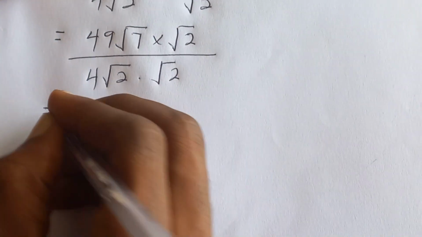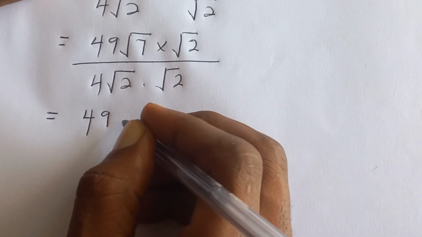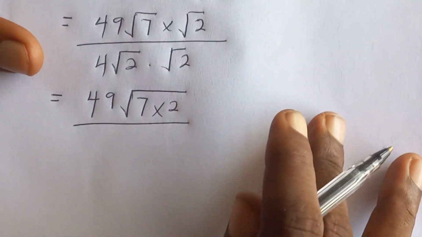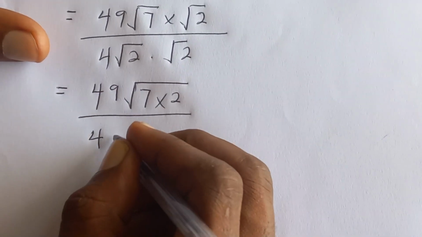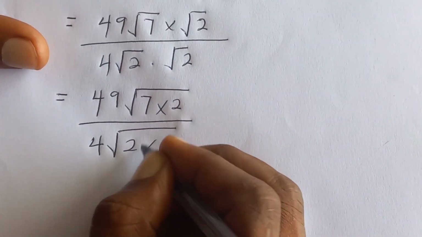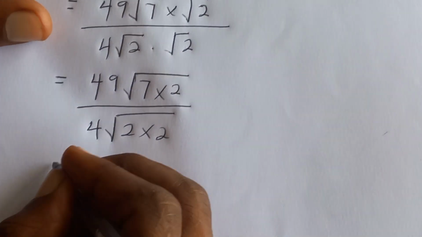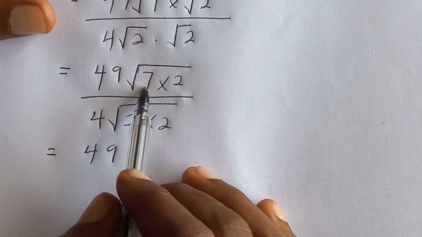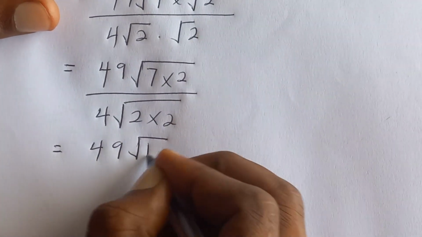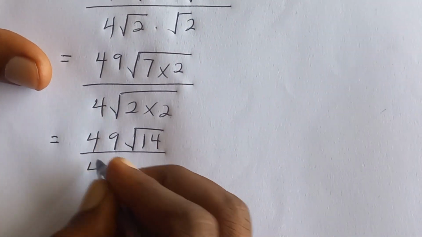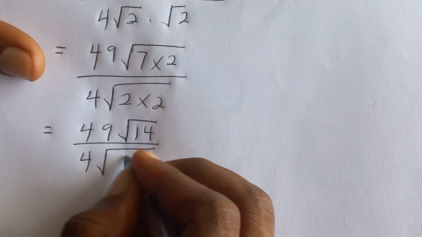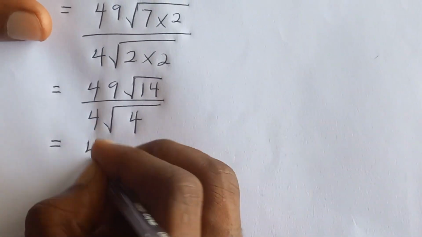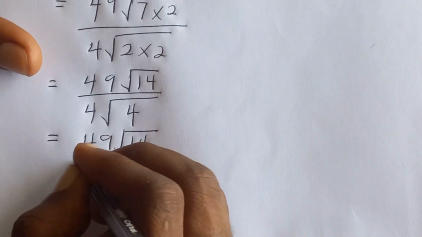So we are going to get 49 multiplied by square root of 7 times 2, and on this one we get 4 multiplied by root of 2 times 2. Then 7 times 2 we get root 14 on 4 root 4, since 2 times 2 is 4.